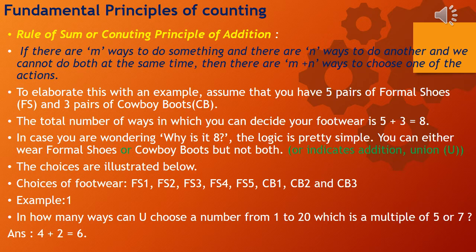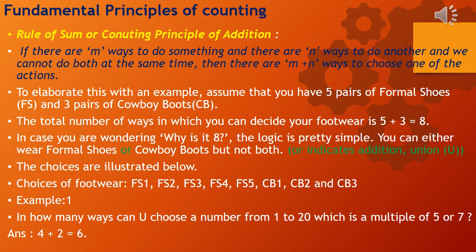Next, work W2 is the selection of a multiple of 7 from 1 to 20. What are the multiples of 7? 7, 14, that's it, 21 no? So work W2 can be done in just 2 ways only.